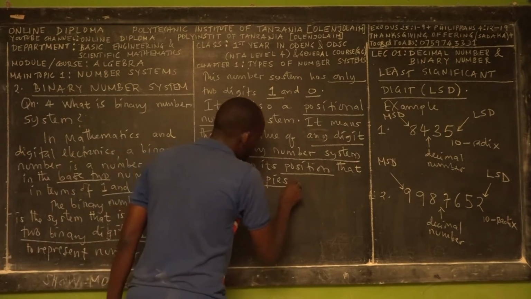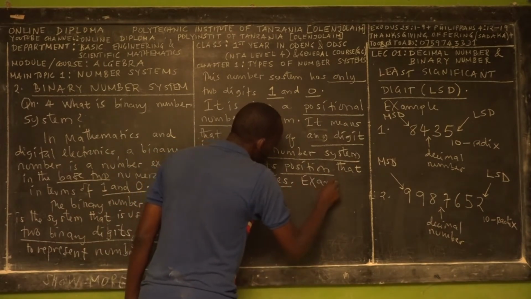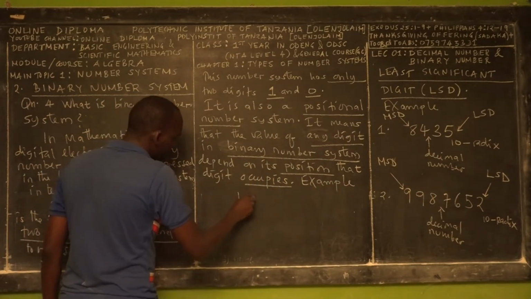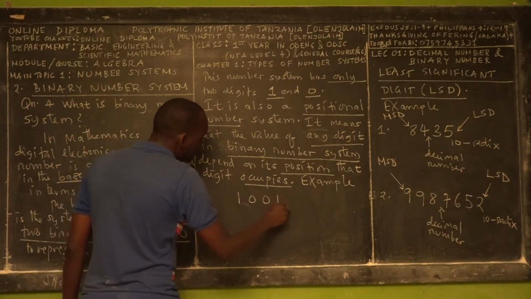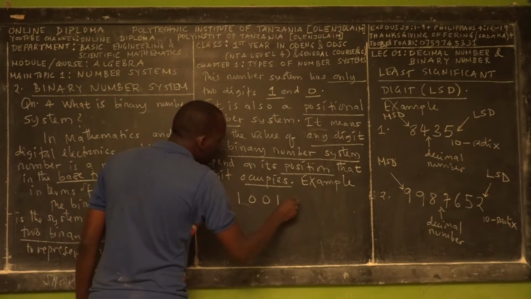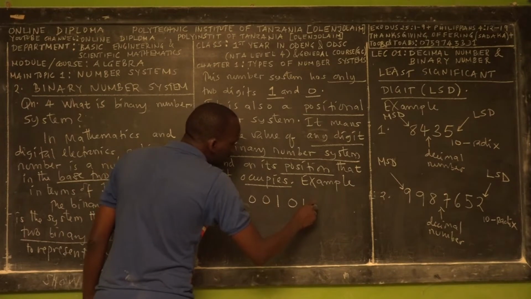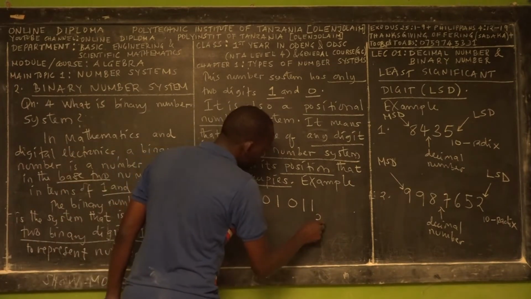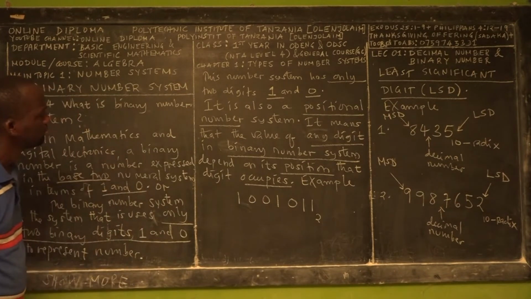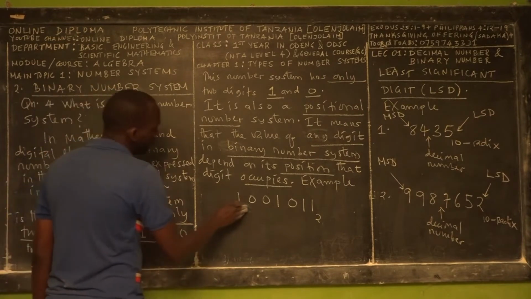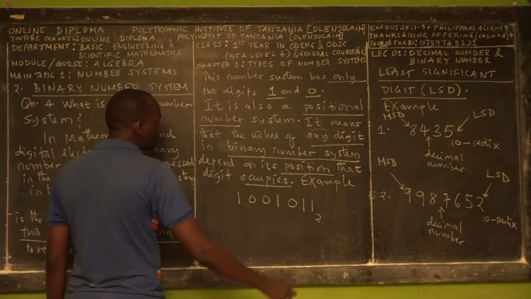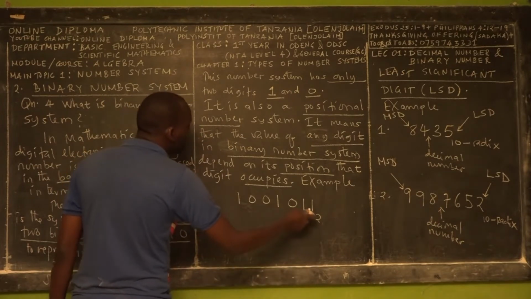So for example, we can have this example: 1 0 0 1 0 1 1, base 2. It means that the value of this one is not equal to the value of this one, is not equal to the value of this one.